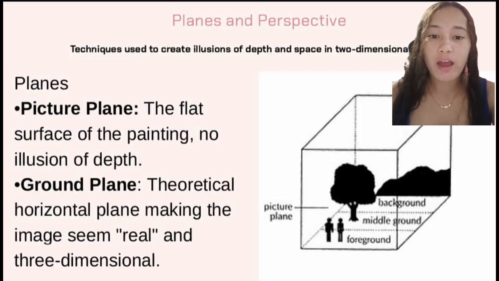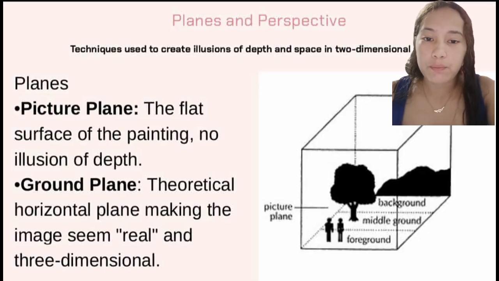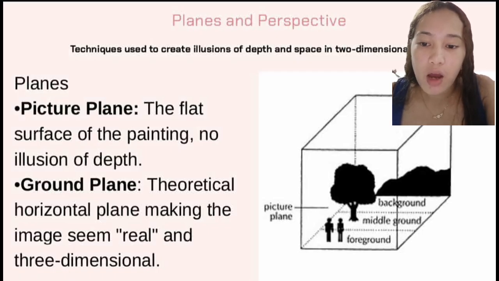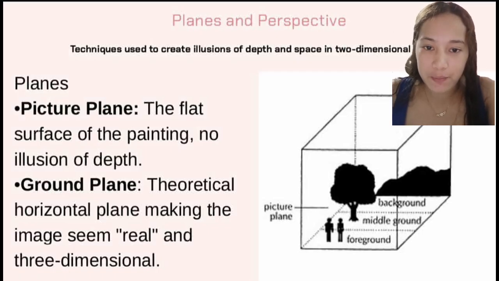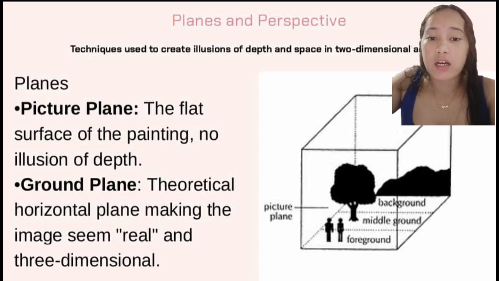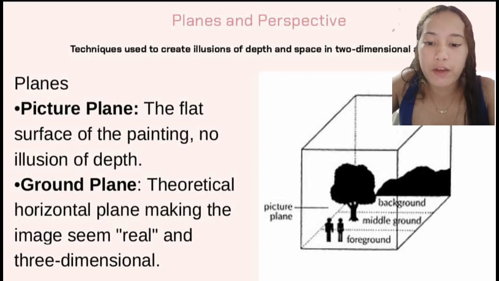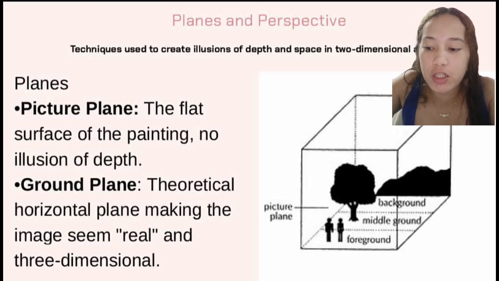There are two types of planes: picture plane and ground plane. The picture plane is the flat surface of the painting with no illusion of depth, the two-dimensional flat surface of the artwork, like canvas, paper, or wood panel, where the image is created.